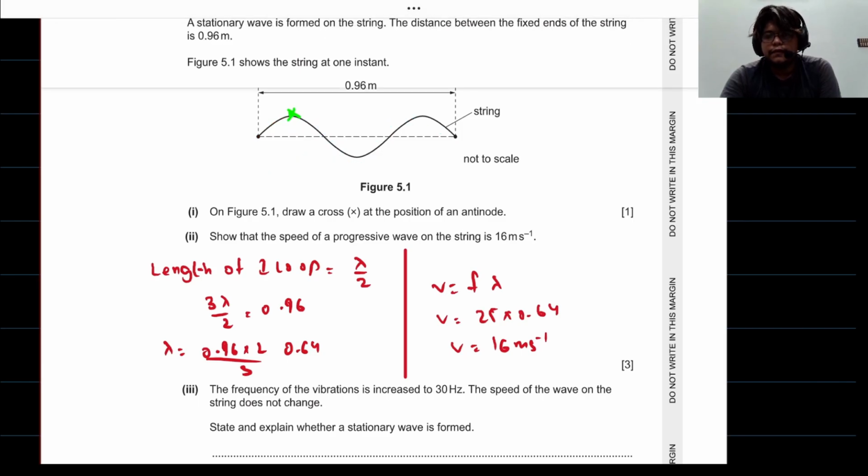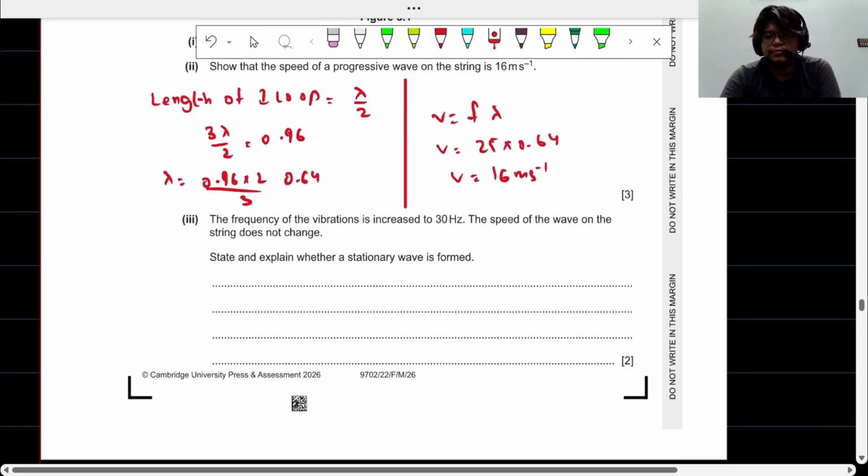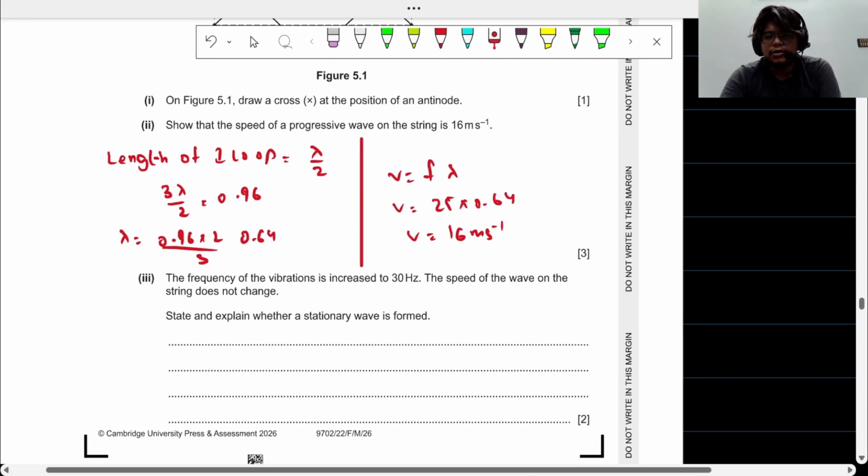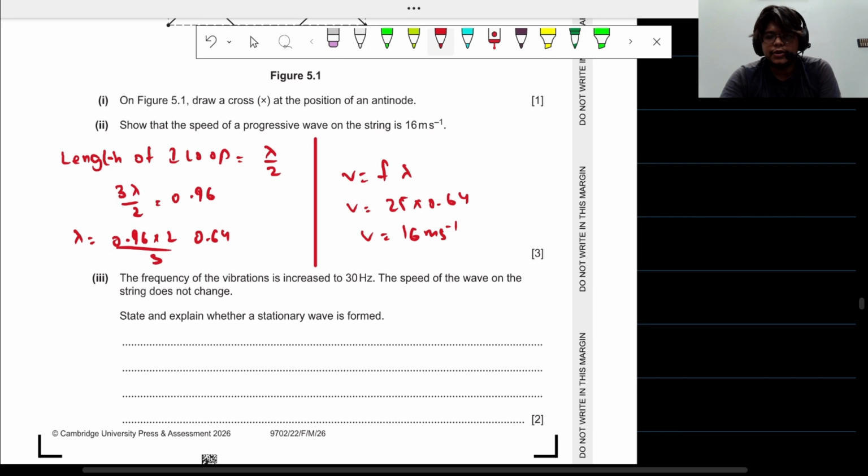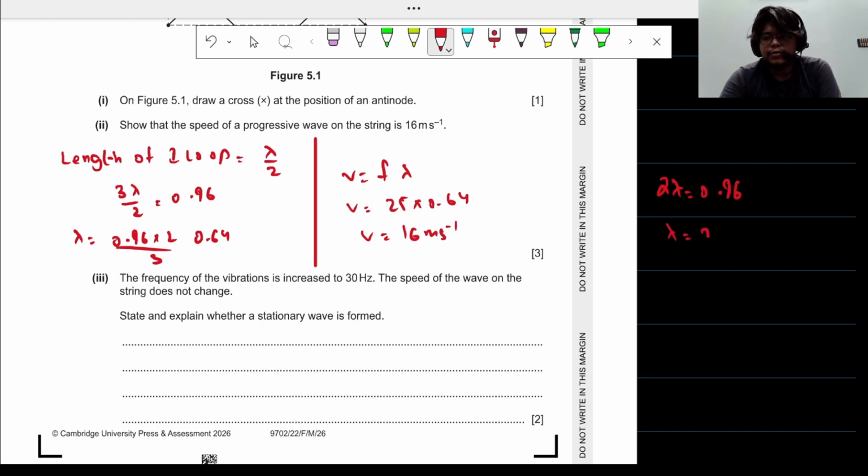So what would be the frequency at the four loops? Your wavelength for this four loops would be 2 lambda equals 0.96. So your lambda would be 0.96 divided by 4, which is 0.48. And we have the speed of 16. So v equals f lambda, so 16 divided by 0.48 will be your frequency.